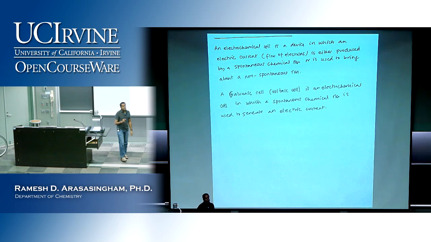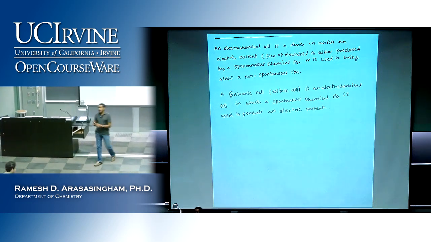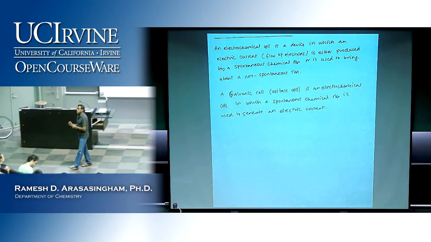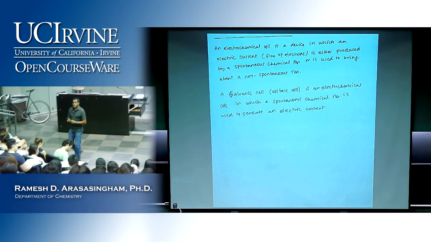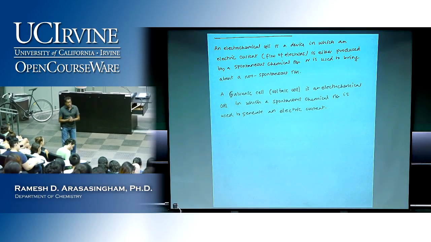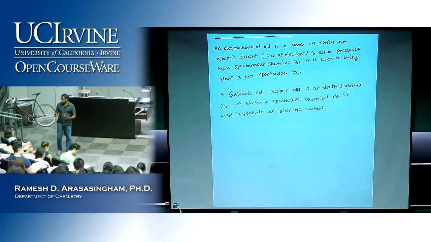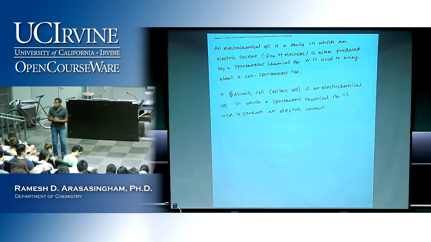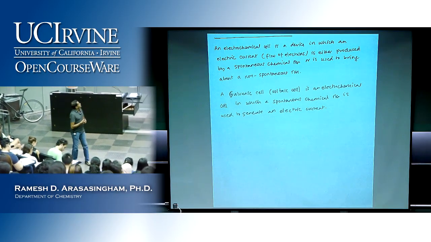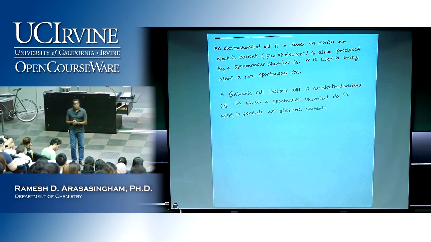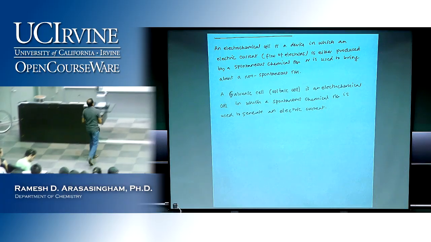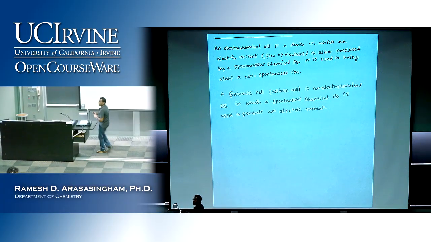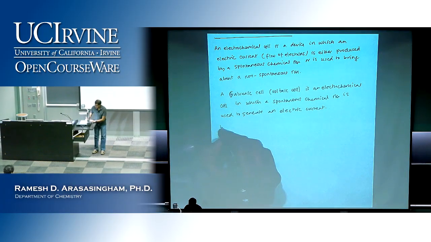All right, so what we're going to do is we're going to start by looking at spontaneous reactions. And so if you take a galvanic cell or a voltaic cell, this is an electrochemical device. It's a device that you construct, and it takes advantage of a spontaneous chemical reaction, okay, to generate electric current. So bottom line, what are galvanic cells or voltaic cells?